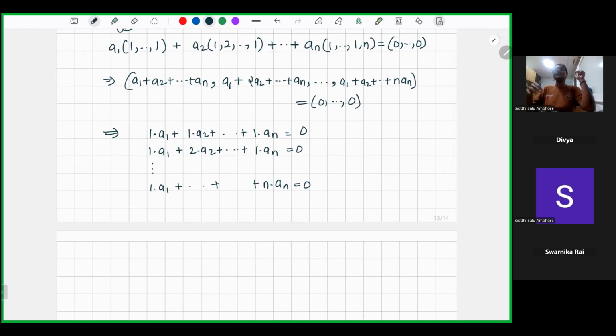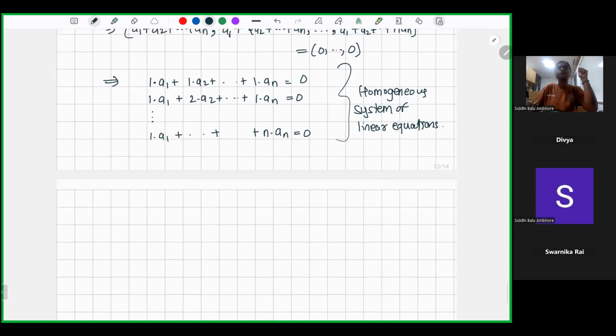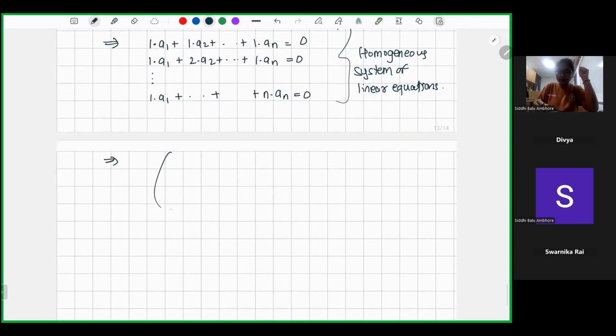So what we can see, this is a homogeneous system of linear equations, right? And if I want to write this in matrix form, it is this matrix 1, 1, 1, 1, 2, 1, 1, 1, n into a1 to an is equal to 0.